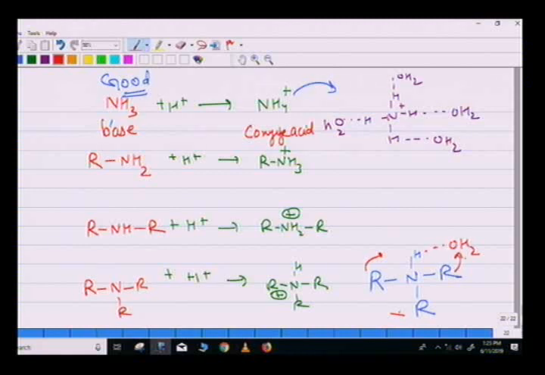So they will have a great push on the water. I am saying that there is not much hydrogen bonding present in the last structure. So that will be comparatively a lesser basic one, because it will avoid accepting the H plus ion, as it is not able to stabilize here. No stabilization, not much stabilization here.